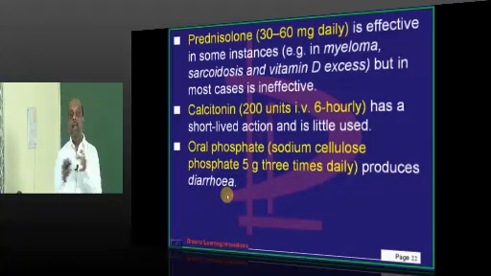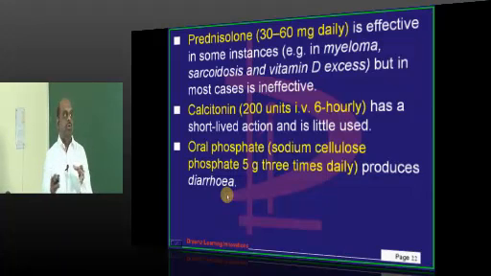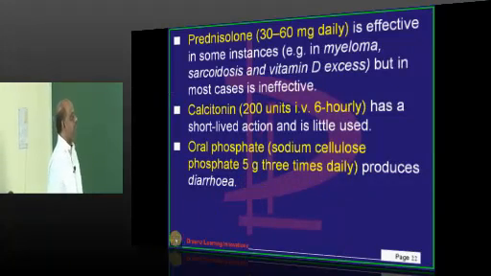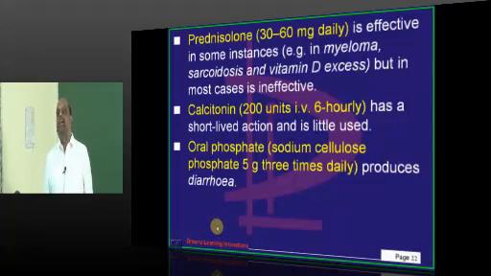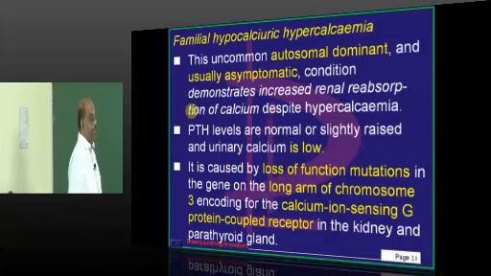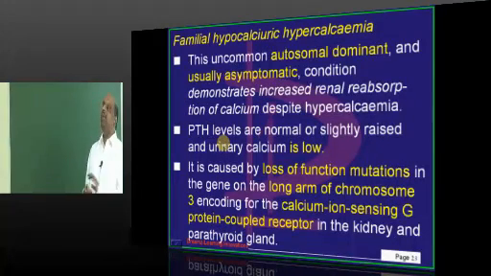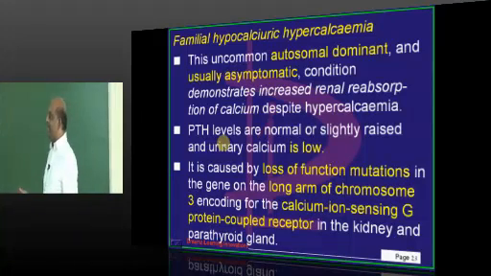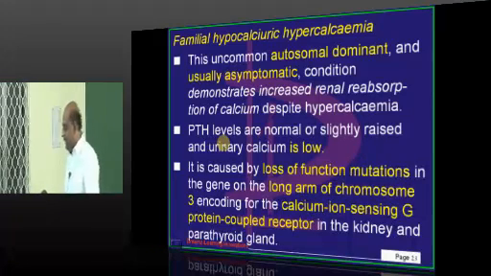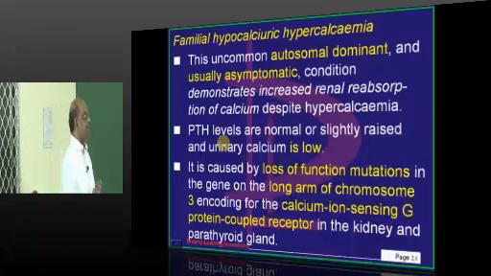Phosphate can chelate the calcium, na? So that is one effect of phosphate. But if you give oral phosphate, it can produce diarrhea, is what you have to basically remember. So that is all the story of how we manage a case of acute hypercalcemia.